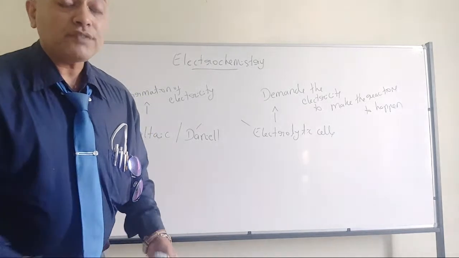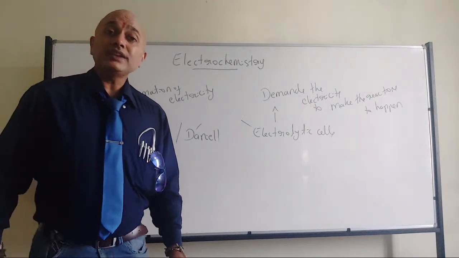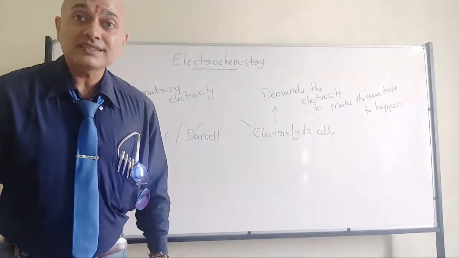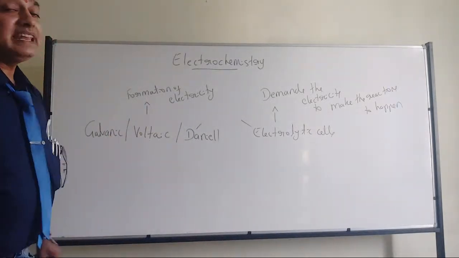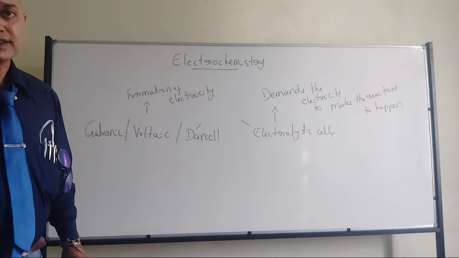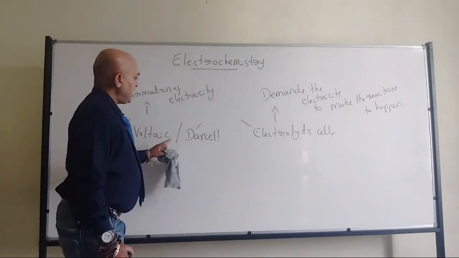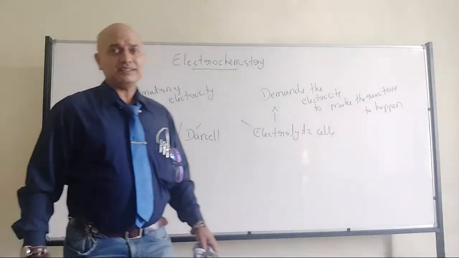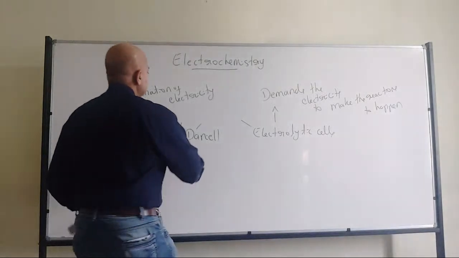So formation of electric current due to some chemical reactions, or utilization of electric current to make some reactions happen. Now we have two types of electrochemical cells.